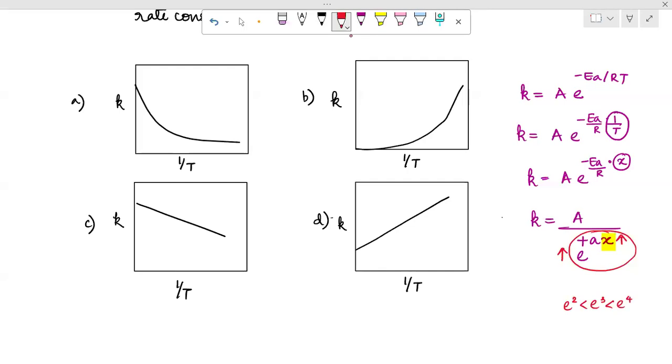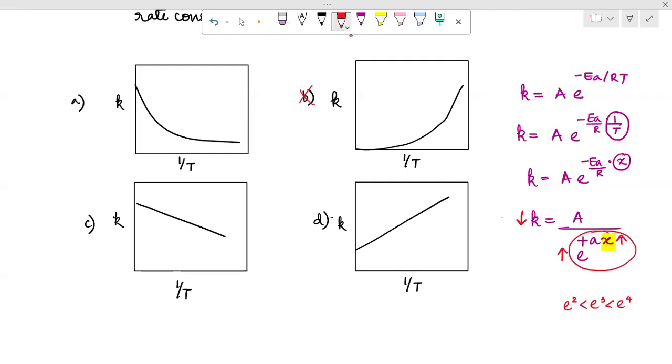So as your power increases, the whole value of the exponential also increases. And if the overall exponential term which lies in the denominator increases, K, being inversely proportional, will as a whole decrease. So if 1 by T increases, your K decreases.